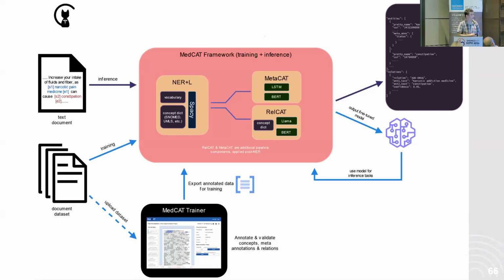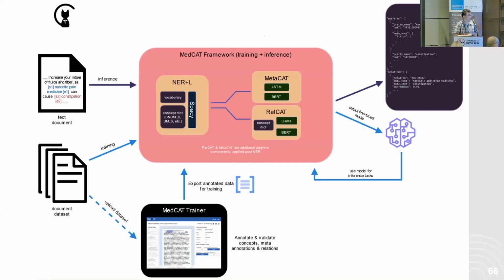As I've said before, RelCAT is technically just an optional component in MedCAT. The NER bit is handled by the first part of MedCAT, the first pass, and afterwards the relation extraction is done with the MetaCAT as well. Anyway, I won't mention details about that here.